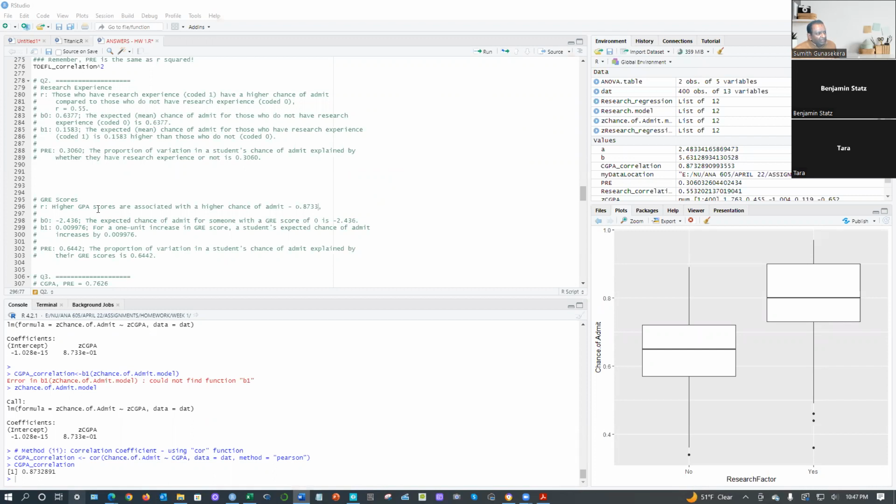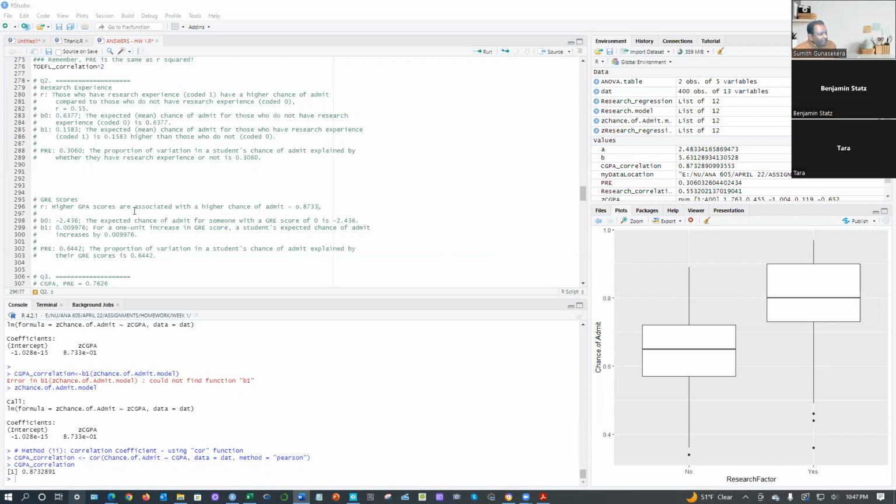If your GPA changes by 1 unit, how much does the chance of admit go up? I'm looking at the R. If it is quantitative, do not indicate positive.